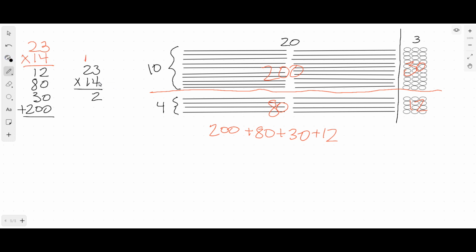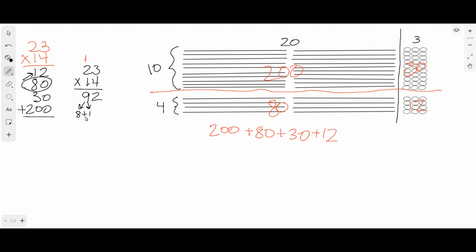Then 2 times 4, I'd say that's an 8, and I'd add a 1 again. So I would put a 9 down here. But this 9 is coming from an 8 and a 1, or 80 plus 10. 80 right here, and then the 10 coming from there.